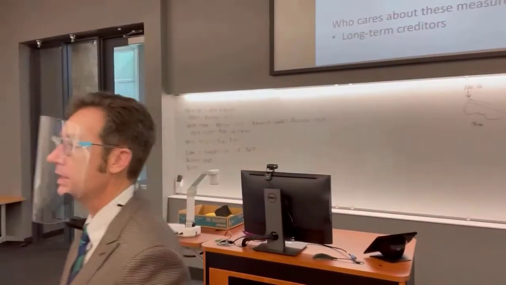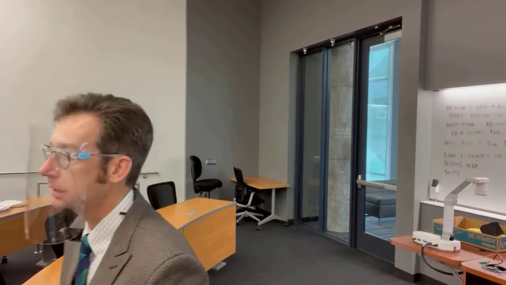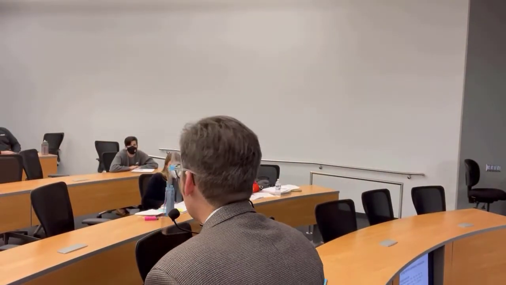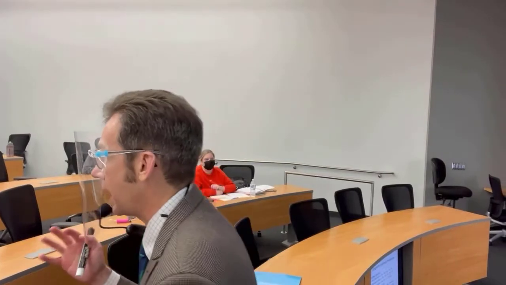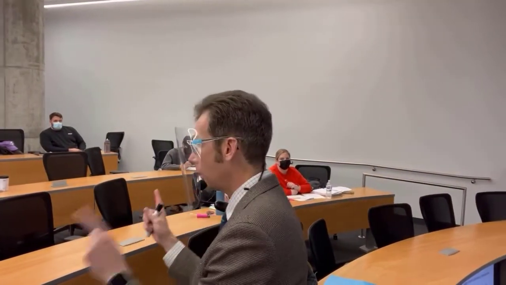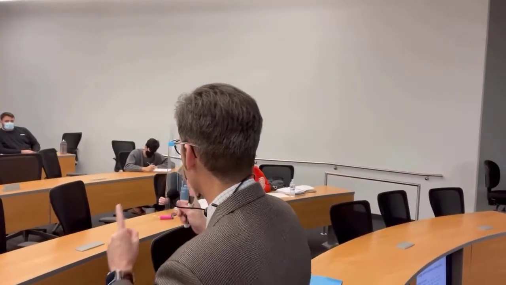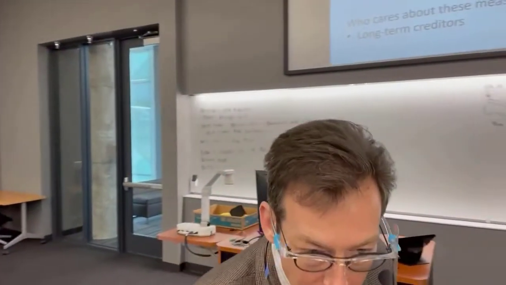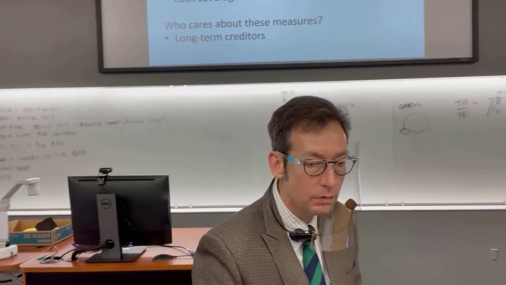Now, when will this come in handy? When you're doing a calculation and you say, I need the equity multiplier, but all he gave me is the debt to equity ratio. When you think that, I want you to think, all I have to do is add 1, right? I'll say that one more time. When you're on an exam and you say, wait a minute, I need the equity multiplier, but all he's given me is a debt to equity ratio, what do I do?